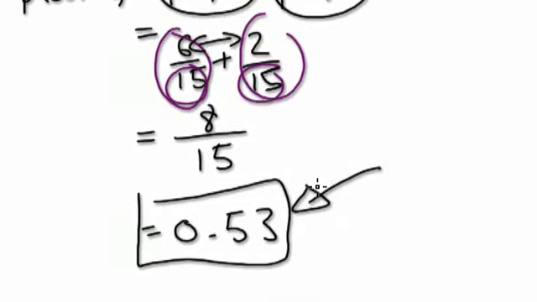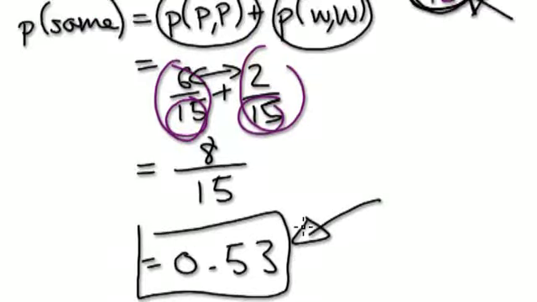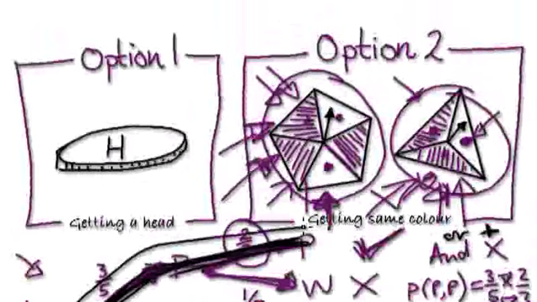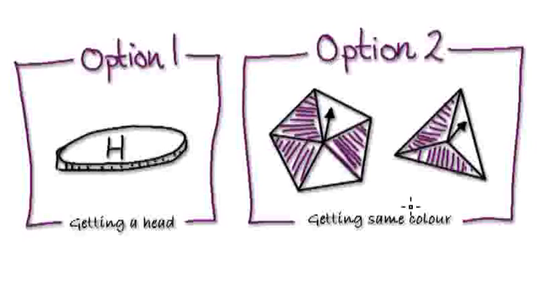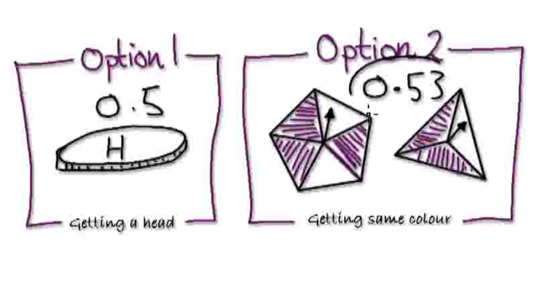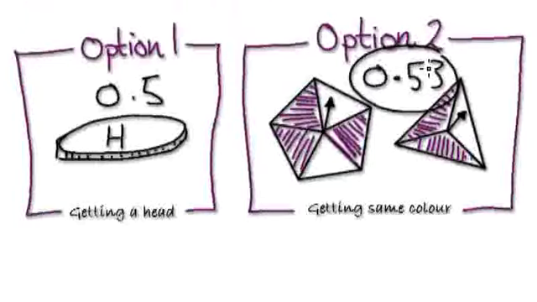So actually, this is slightly easier to do than flicking a coin and getting one head. Let me clear up everything. The probability of getting this would be this, and the probability of getting one head would be 0.5. So this option's better.